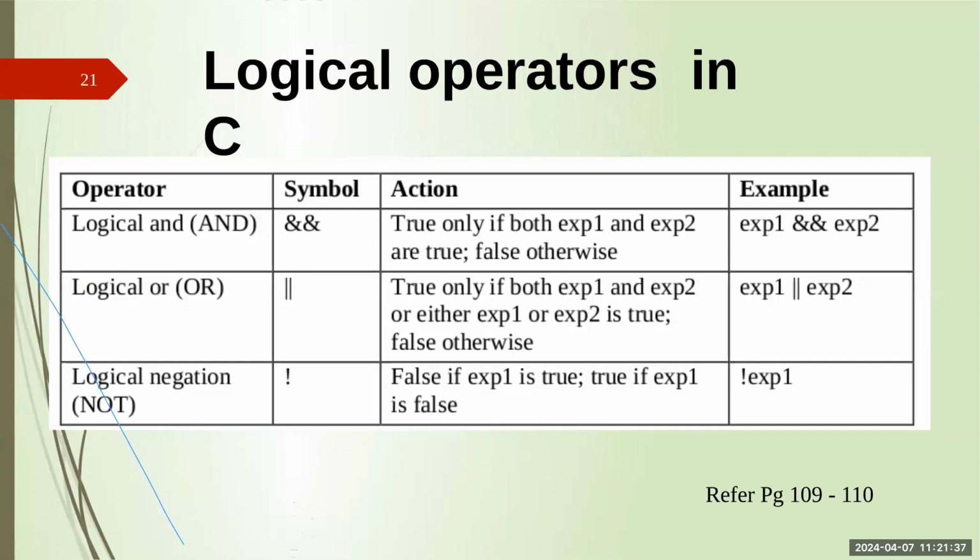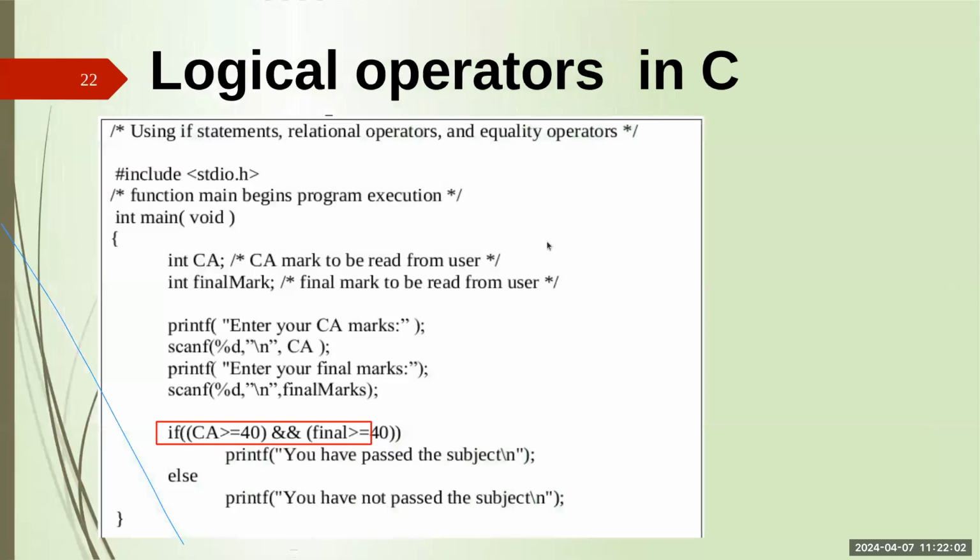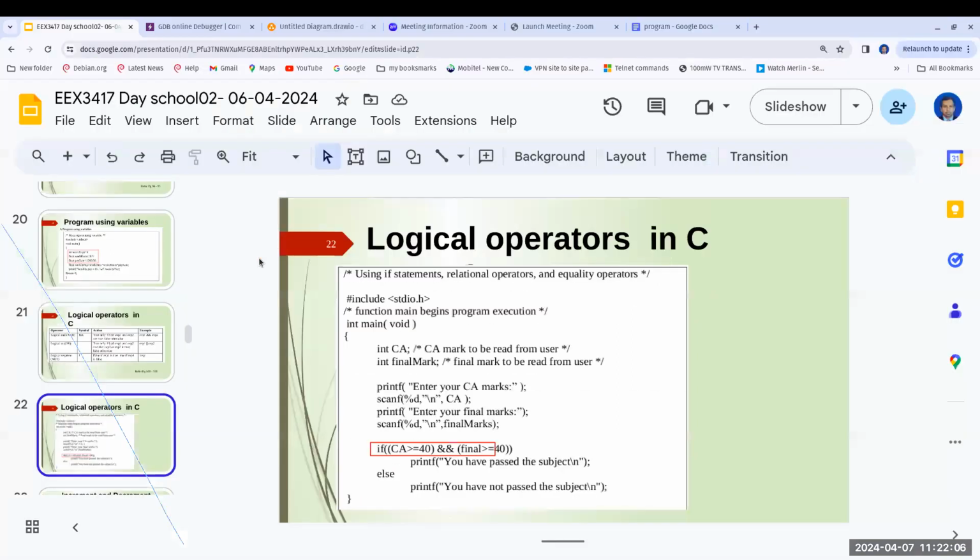Logical NOT: if the expression is true, it becomes false. We write these in a C program like this: expression 1 and expression 2. We have to write like this and not like this. We will test this also.